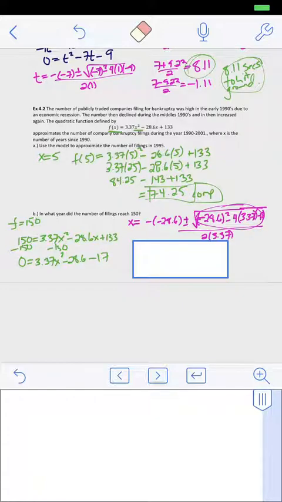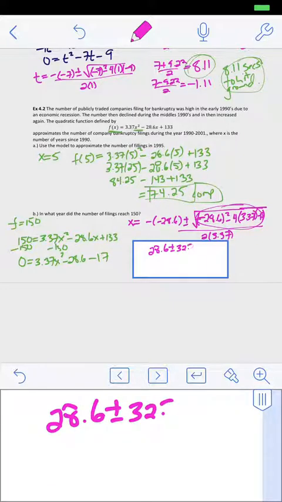So we have 28.6 plus or minus 32.36 over 2a, so 6.74.